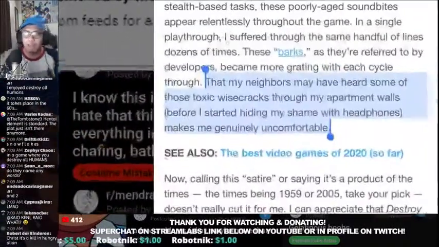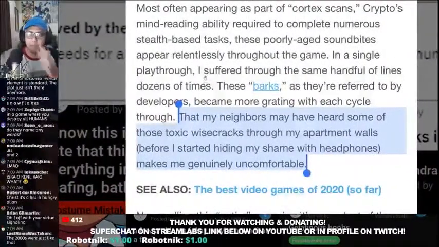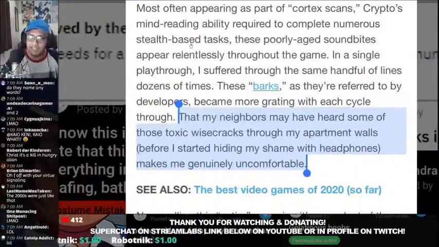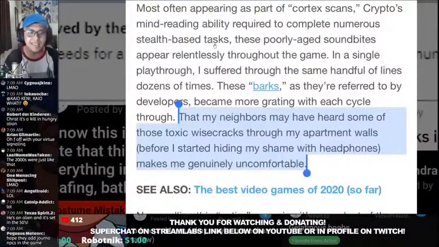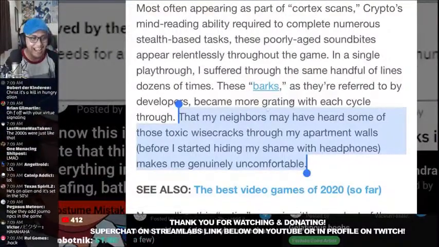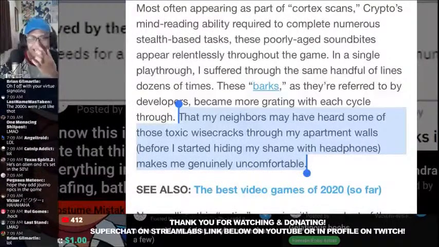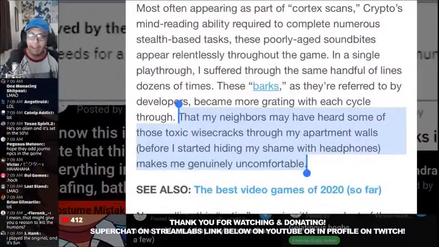Anyway, "most often appearing as part of the Cortex scans, crypto mind reading ability required to complete the numerous stealth-based tasks, these poorly aged sound bites appear relentlessly throughout the game.